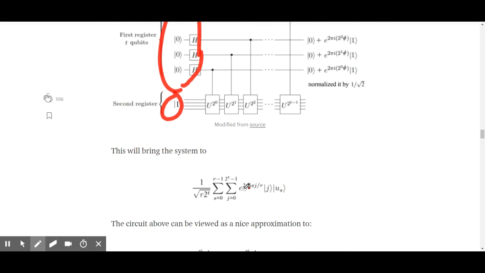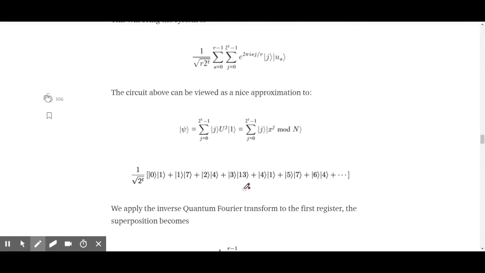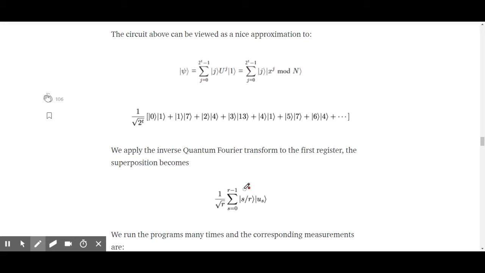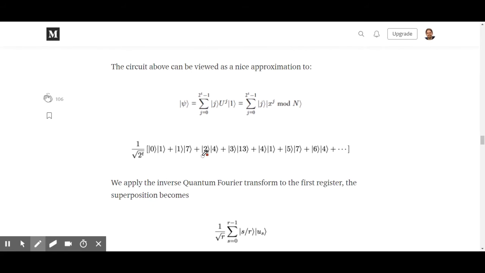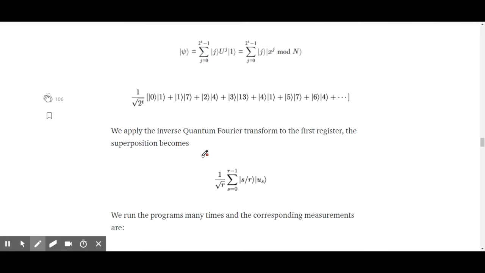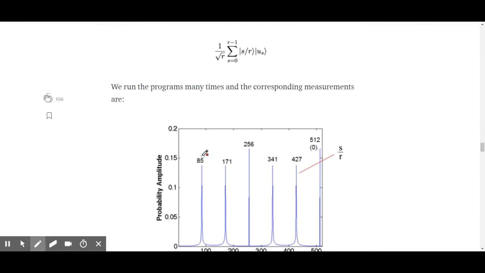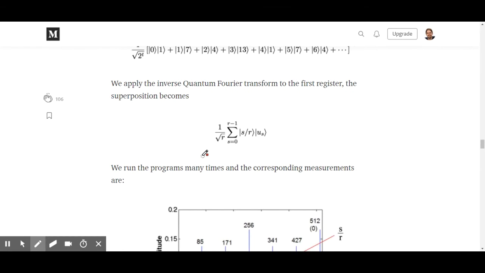This will bring the system to a state. The circuit above can be viewed as a nice approximation to this. We apply the inverse quantum Fourier transform to the first register.